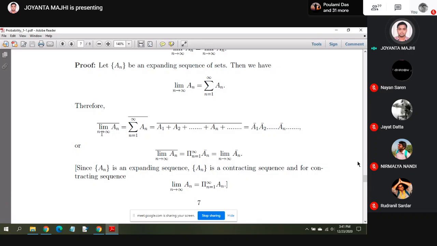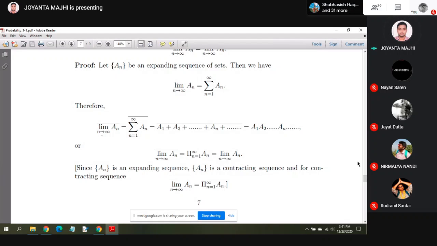This came from the fact that a_n is an expanding sequence. Therefore, a_n complement is a contracting sequence. There is a printing mistake. If a_n is an expanding sequence, then a_n complement is a contracting sequence. We saw this before.